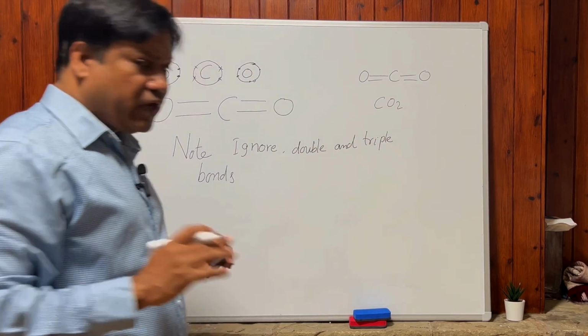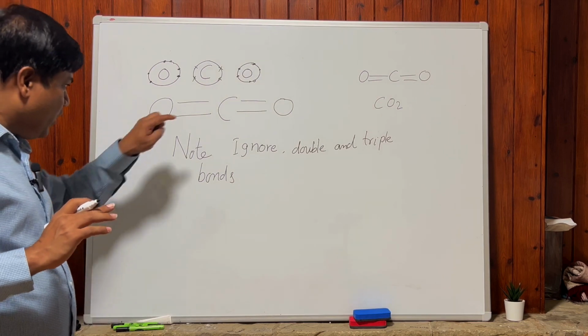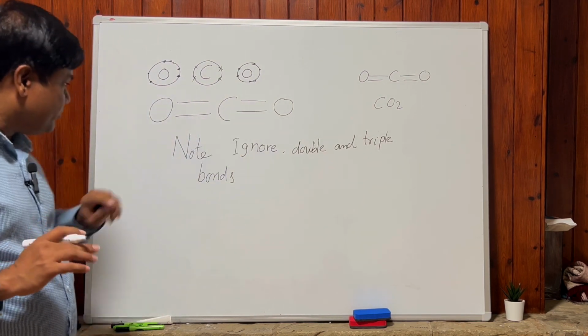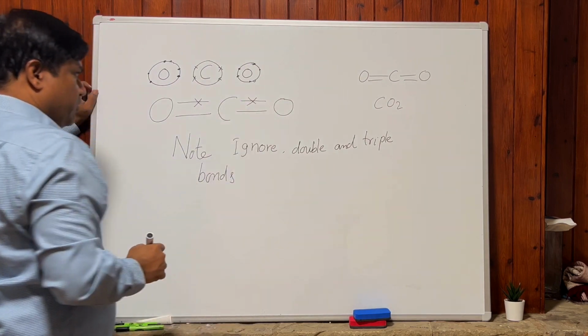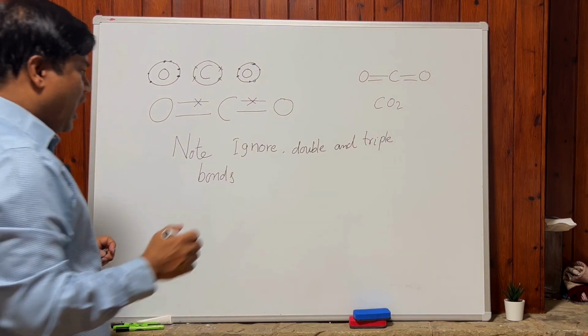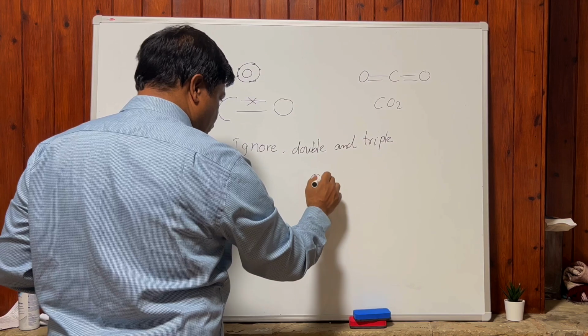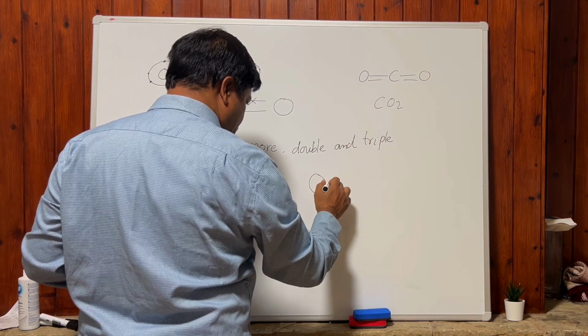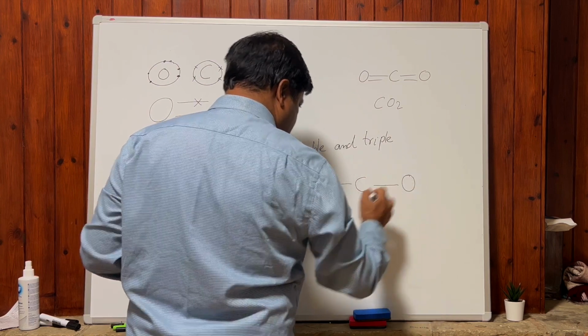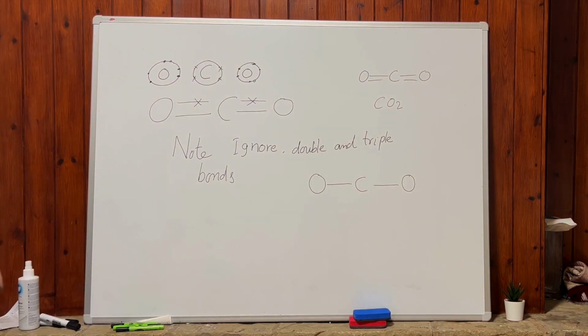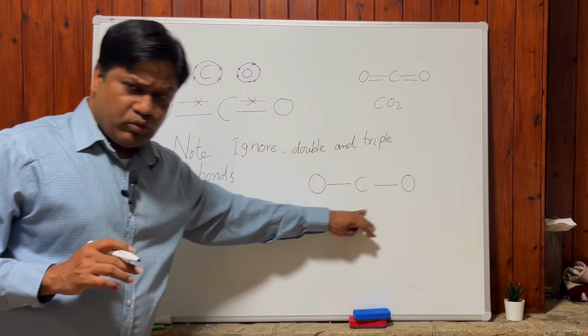When we work out the bond angle of any compound, you have to ignore the double bond, like the pi bond. Just ignore it. When you ignore it, how does the molecule look to you? There is a double bond, but just ignore it when you work out the shape of the compound. So it looks like a linear compound.